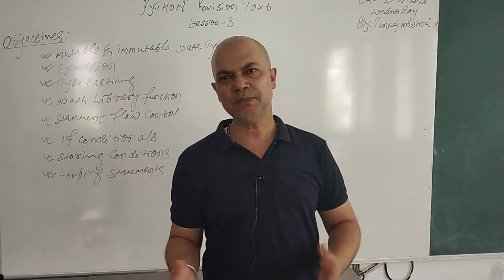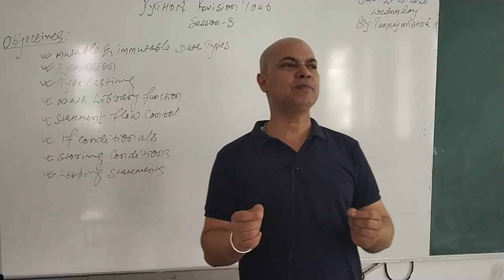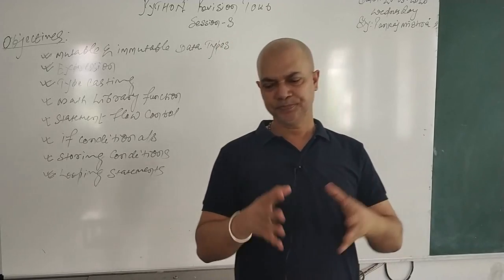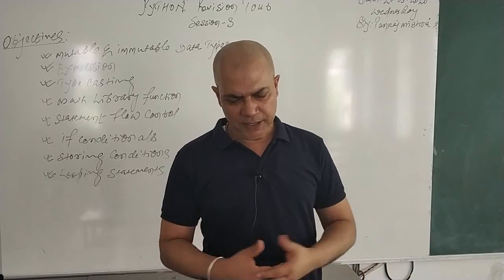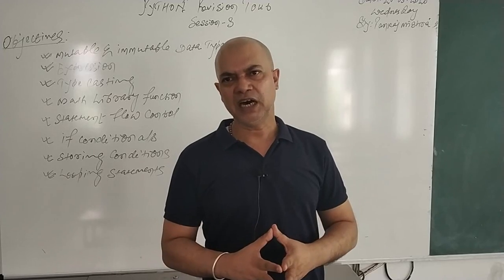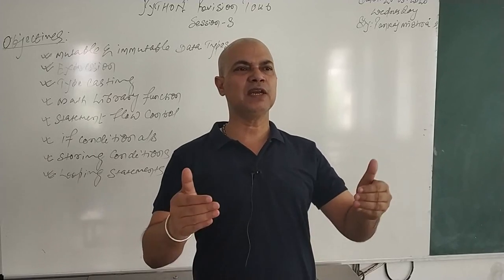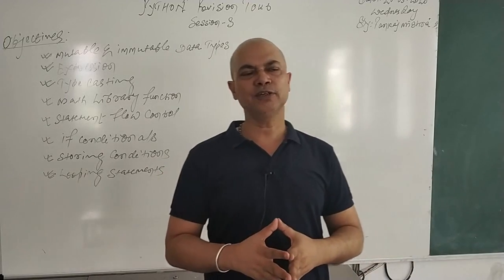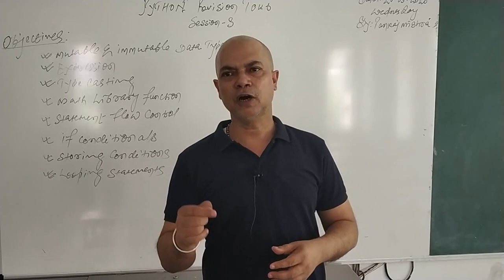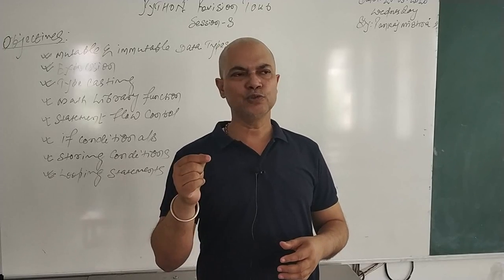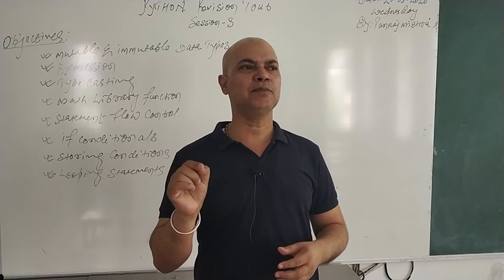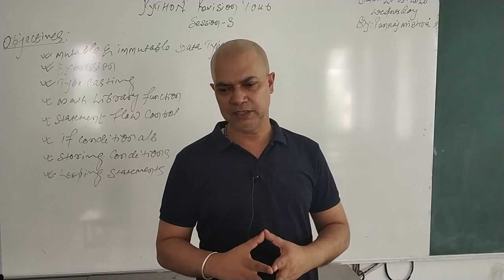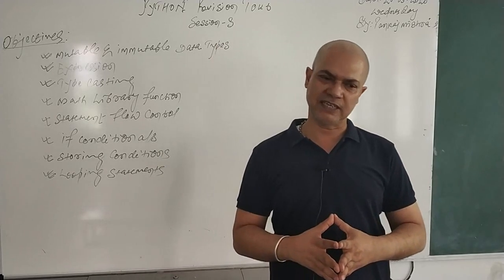In case of immutable, we cannot change the place value of any element. For example, if you stored the string RAM in Python and you are trying to change the second element, A, it is not possible because the string is an immutable data type.